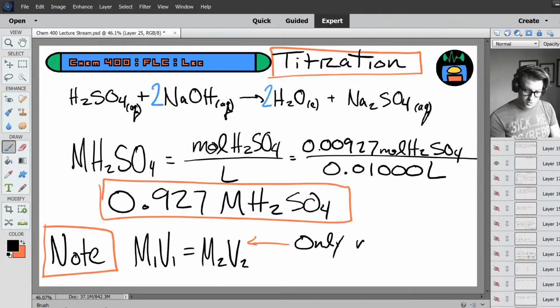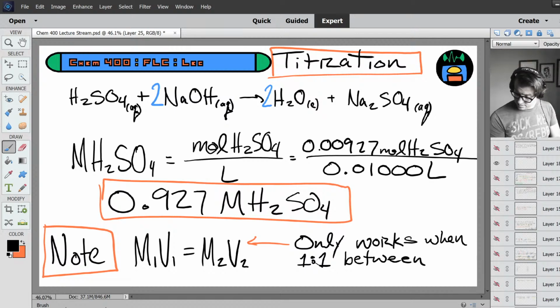This only works when there's a 1-to-1 ratio between titrant and analyte.